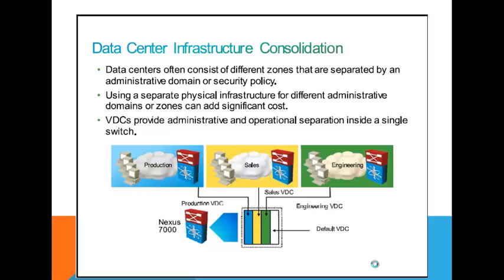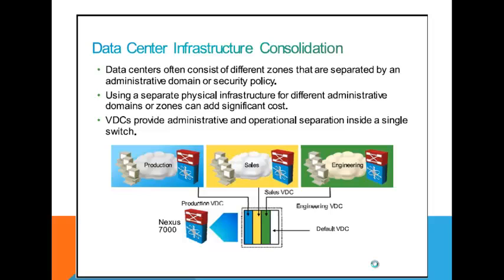Meaning, if I have 3 VDCs, all 3 VDCs are separate. There is no internal connection between these VDCs to communicate, and they are 100% equal to separate physical devices. So VDC provides administrative as well as operational separation inside a single switch.